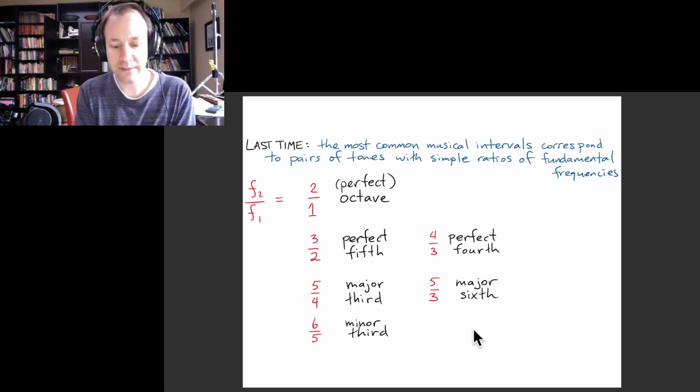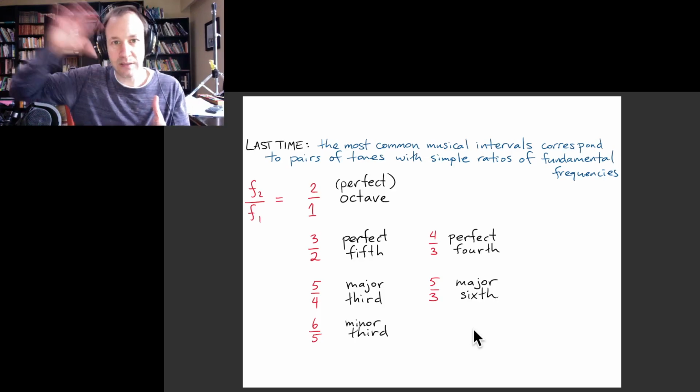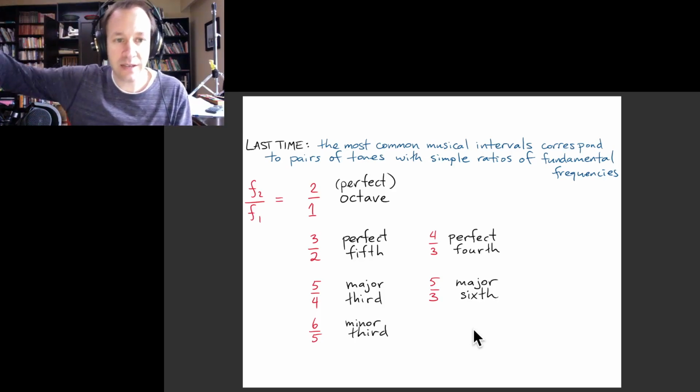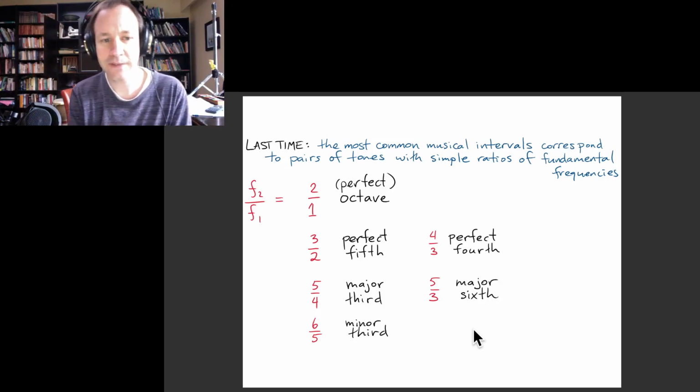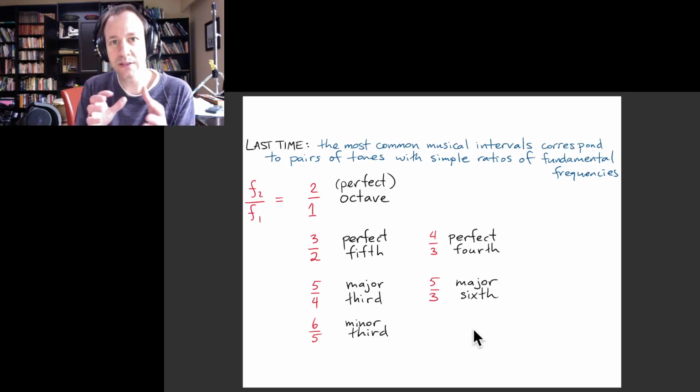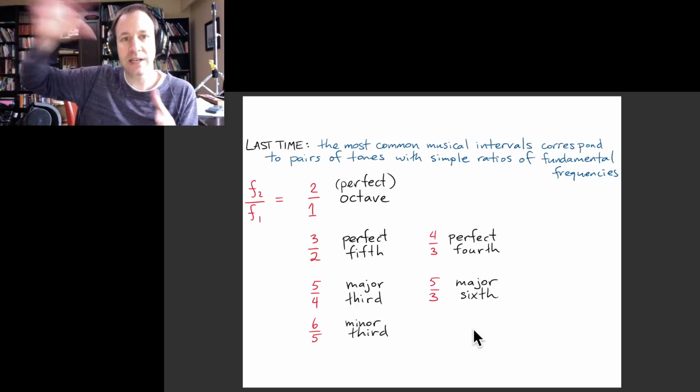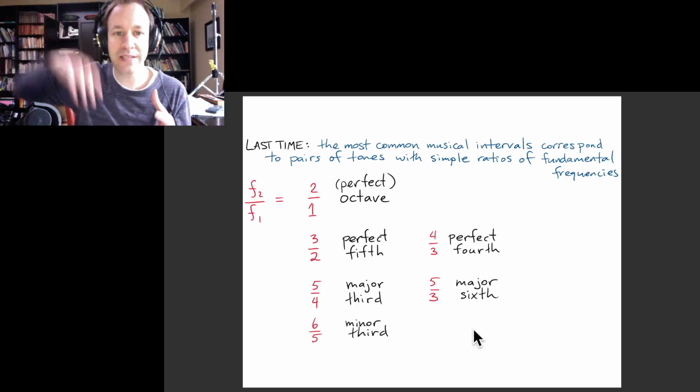So the octave corresponds to just a 2-to-1 ratio, where the top note has double the frequency of the bottom note. The perfect fifth corresponds to a 2-to-3 ratio. The top note has a frequency which is 50% higher.